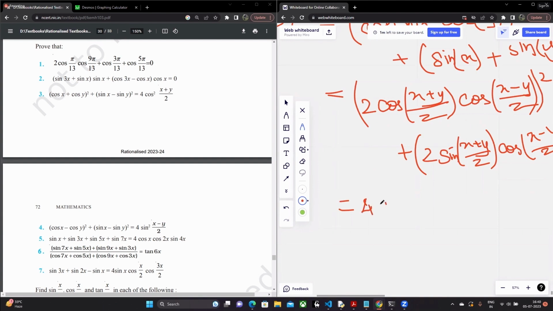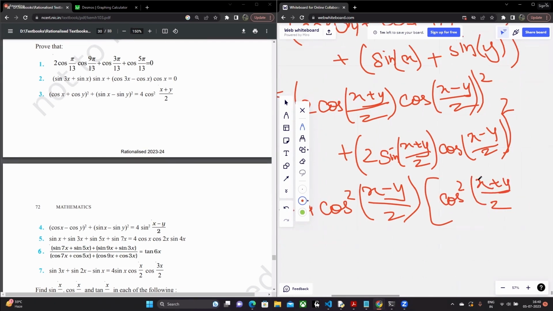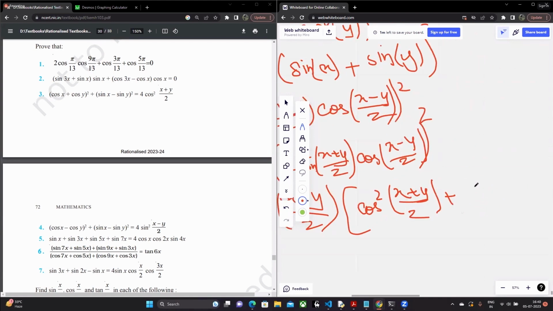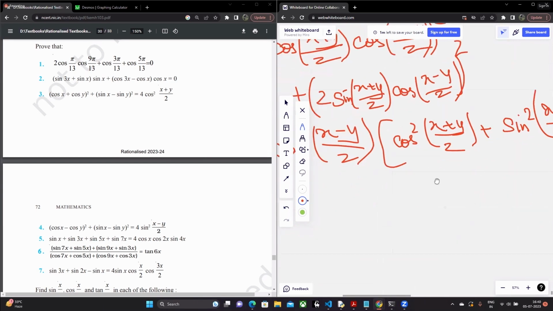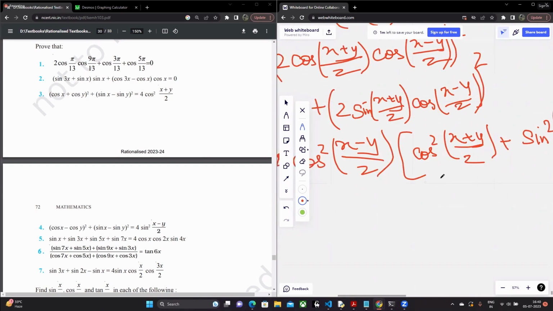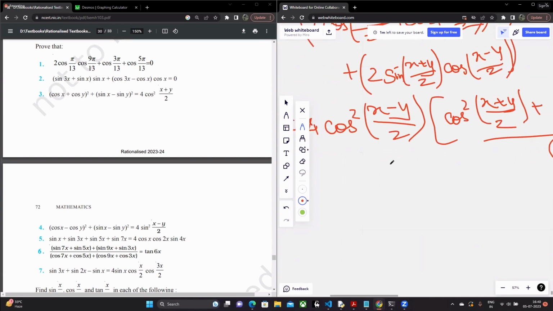So I'll basically have 4 cos square of (x minus y) by 2 whole into cos squared (x plus y) by 2 plus sin square (x plus y) by 2. This is basically 1. And anything into 1 is anything.